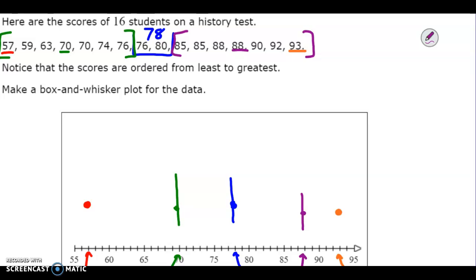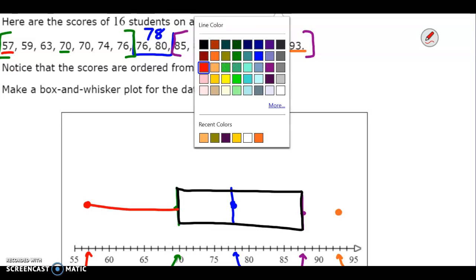So you can see now when we make that box and whiskers plot, and this is kind of messy, but I'll do my best. When you make that box and whiskers plot, it's not always going to be exactly even with how those two boxes look for the quartiles or how those whiskers look.